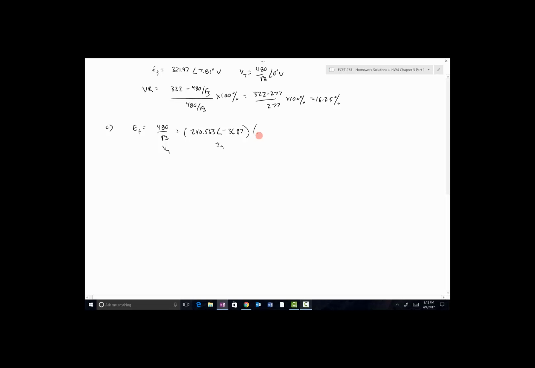And then we need to multiply by the generator synchronous impedance, which was 0.03 plus J 0.25. Synchronous impedance ZS. So just a little application of KVL there.